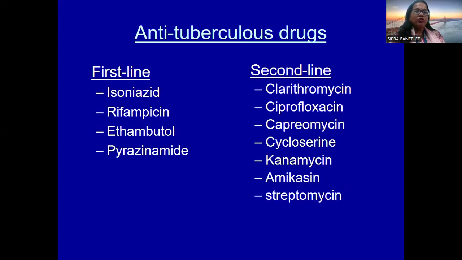That's why anti-tubercular drugs have been classified into two categories: first-line drugs and second-line drugs. First-line drugs are the drugs which primarily give effects in tuberculosis when it is first diagnosed. These are isoniazid, rifampicin, ethambutol, and pyrazinamide. The second category of drugs are clarithromycin, ciprofloxacin, capreomycin, cycloserine, kanamycin, amikacin, and streptomycin.